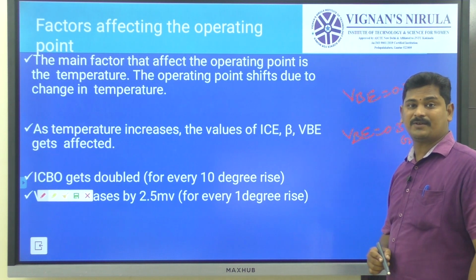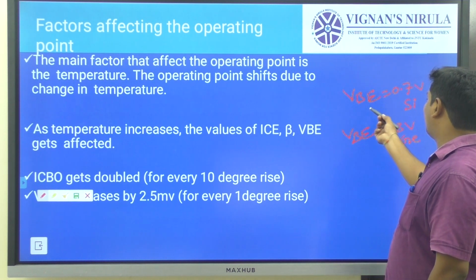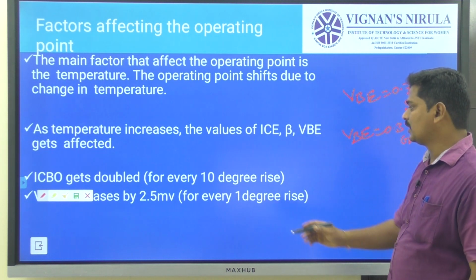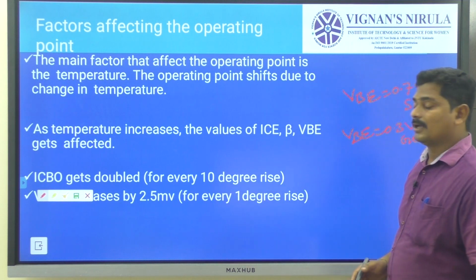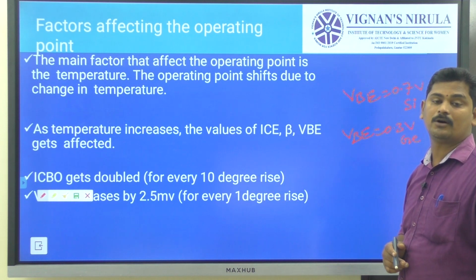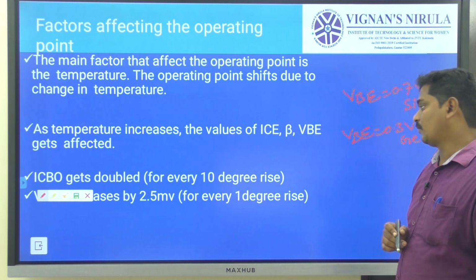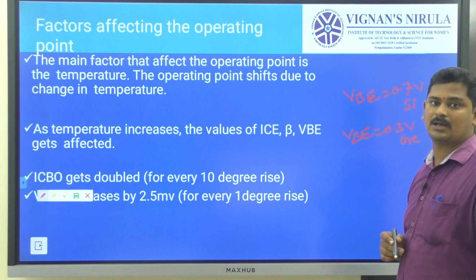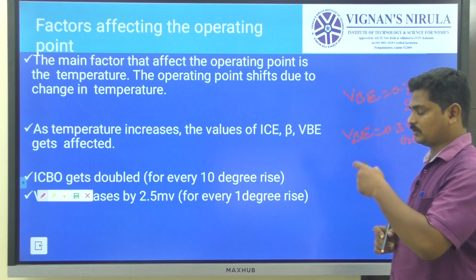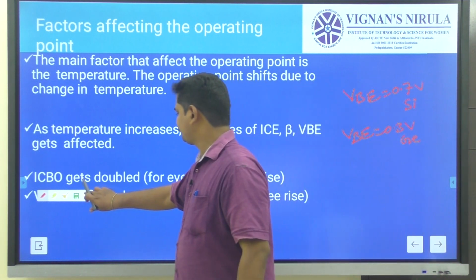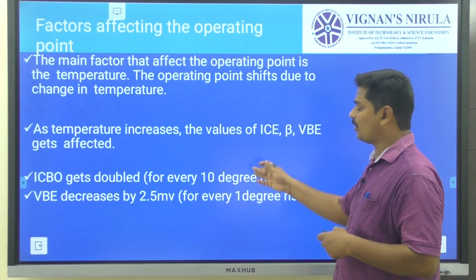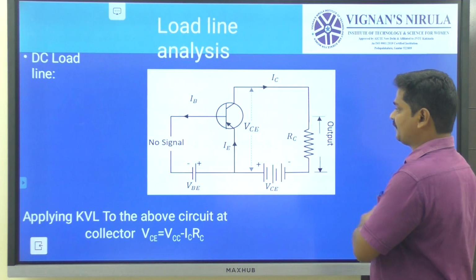If the room temperature varies, automatically the value of VBE will shift, and for every 1 degree rise of temperature it will vary by 2.5 millivolts. So that is the impact of temperature on VBE and on the current ICBO. Due to these parameter variations, automatically the Q point will be shifted.